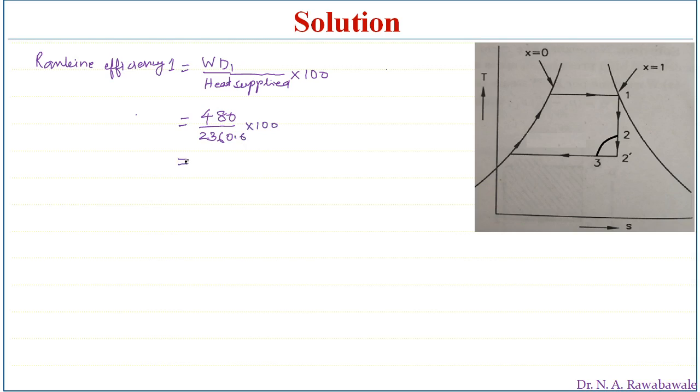Rankine efficiency 1 is 480 divided by 2360.6, which is 20.33%.